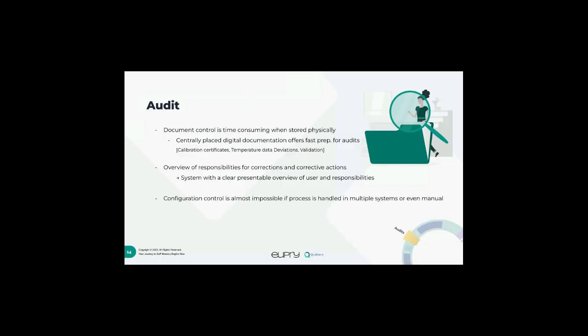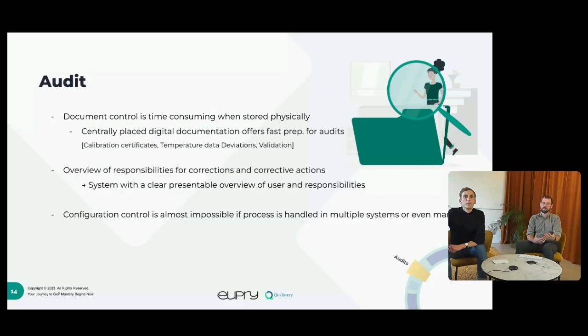So configuration control is something that we often also see as a pitfall when you actually automate your compliance process. Having multiple systems involved in thermal compliance can sometimes lead to loss of configuration control.